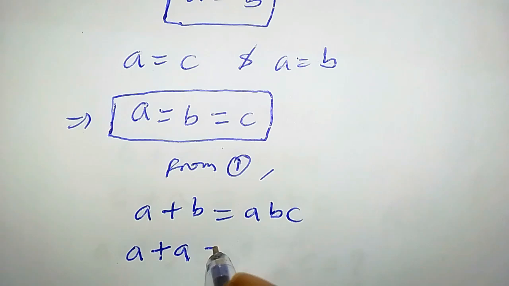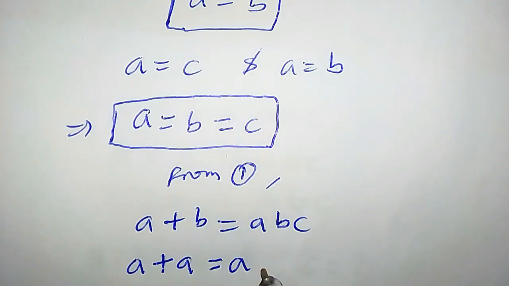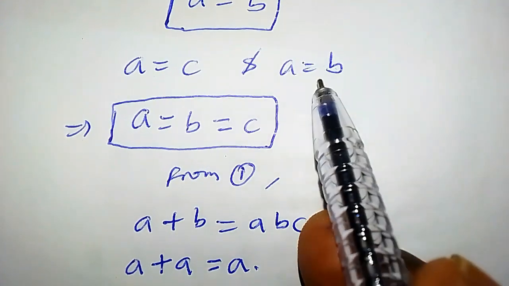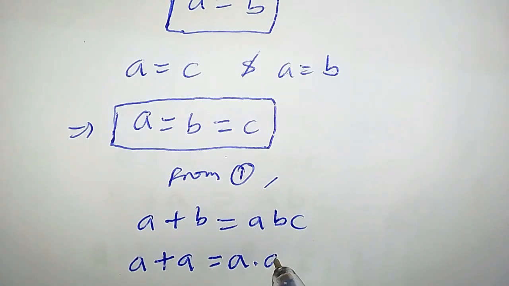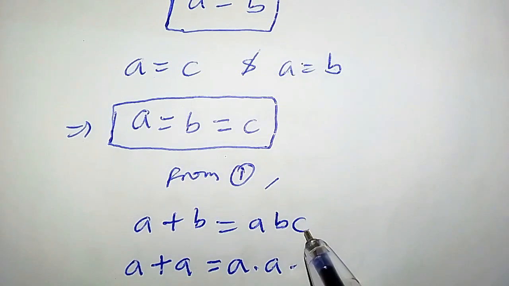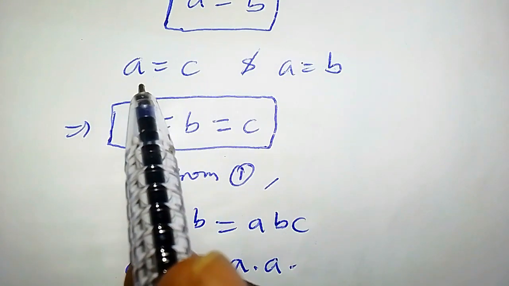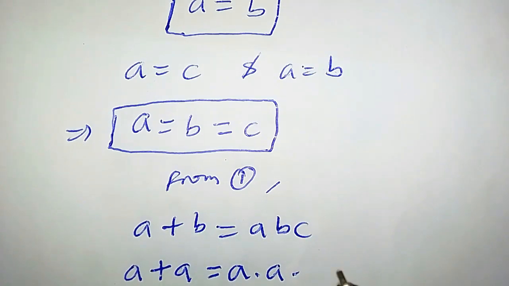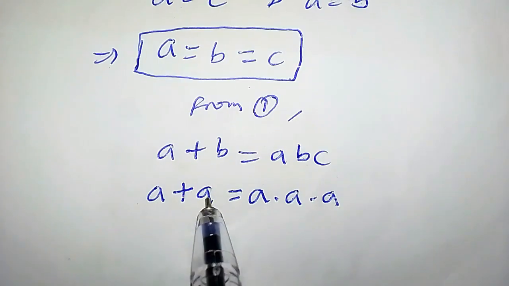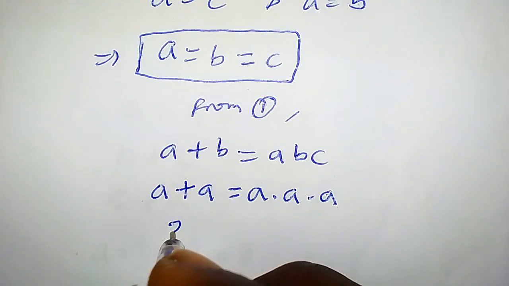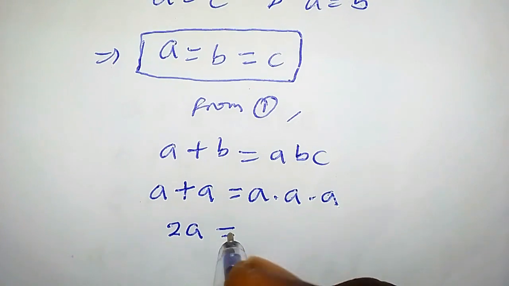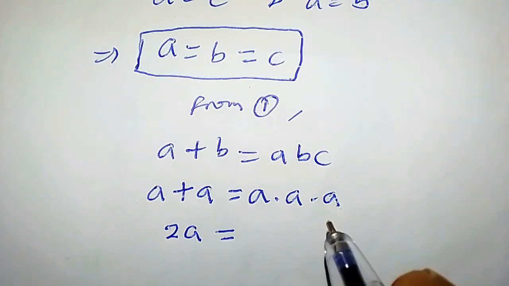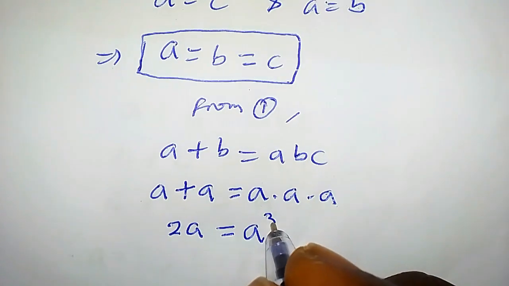So we have a here equals a times, what is b? b is simply a, times, what is c? c is equal to a, so we have a. a + a is simply 2a equals a times a times a, that is a cubed.